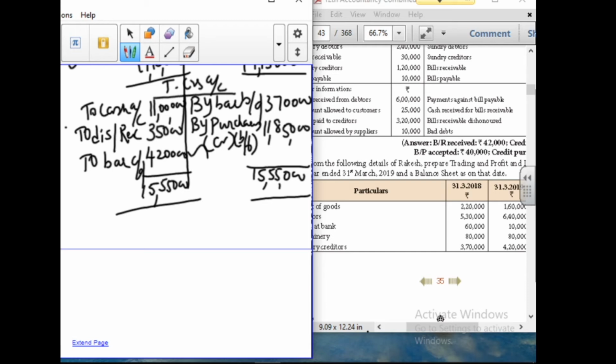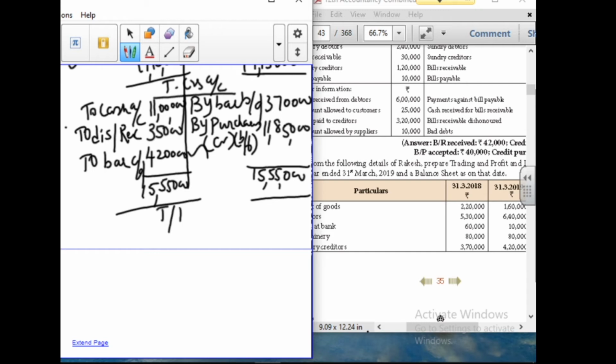Next, we'll move on to preparing the trading and profit and loss account, because opening capital is given in the question. So we are moving to the trading account.